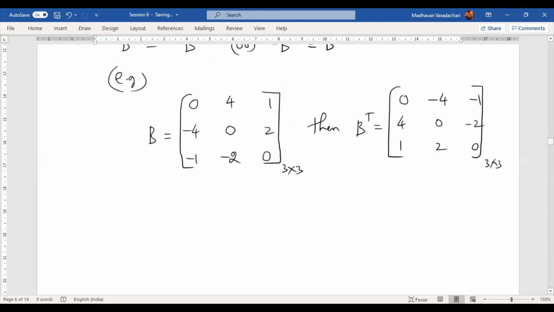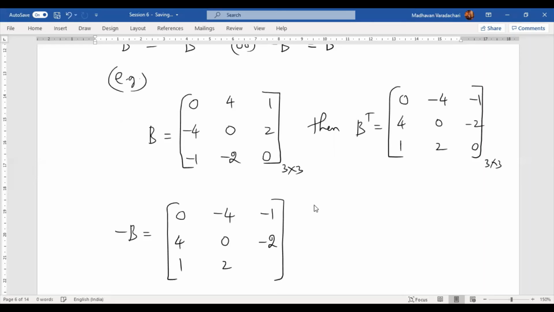Now let us check what is minus B. Minus B is multiply minus 1 to all these elements. 0 into minus 1, 0. 4 into minus 1, minus 4. 1 into minus 1, minus 1. This will become 4, 0, minus 2. This will become 1, 2, 0. Let me call this as equation 1, this as equation 2.